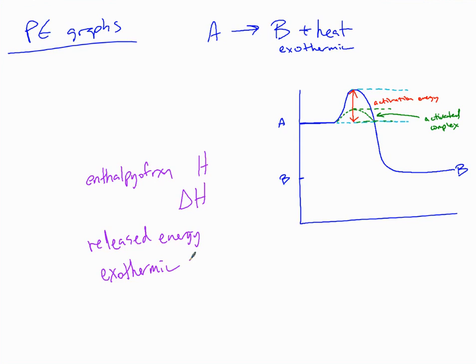So here's what it looks like. The energy went from this point to this point. From here to here is the enthalpy of reaction. Forget what you already knew about enthalpy of reaction. Looking at just the graph, would you say it's positive or negative?